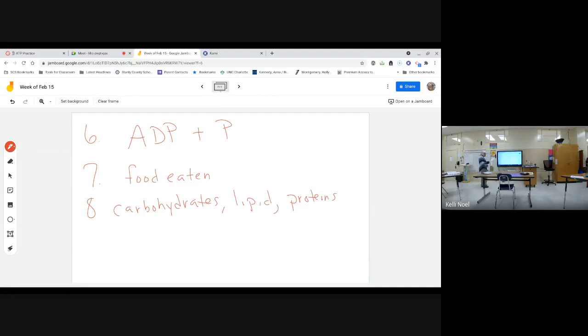Number 9, in the ATP-ADP cycle, what is being recycled over and over again? So what is being recycled? ATP, um, ADP, not ADP, but hold on. I would say it is ADP and the phosphate.